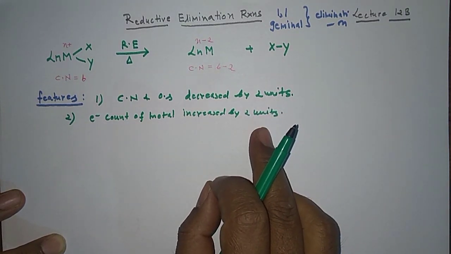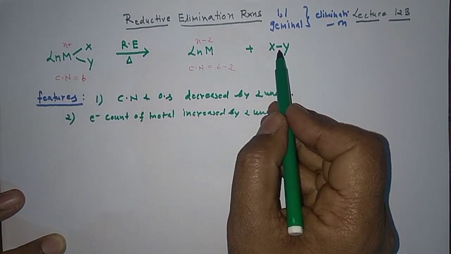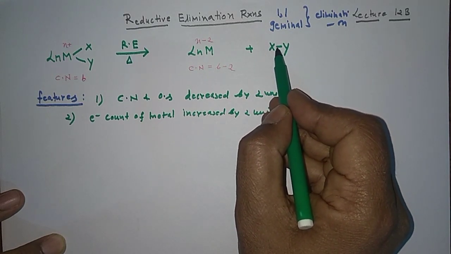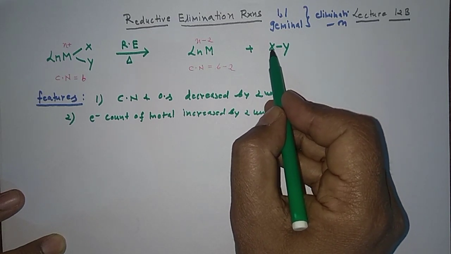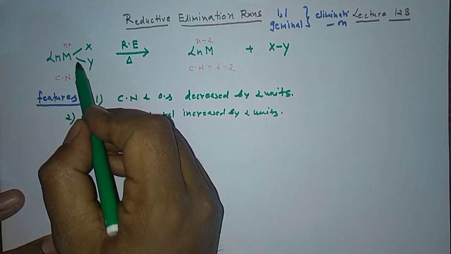Why did this electron count increase by 2 units? Because when you eliminate these two groups and form this particular bond, it will require only one pair of electrons. You know, this covalent bond is what? It is a pair of electrons. So the formation of this molecule requires only one pair of electrons, but here you are having two pairs of electrons. So what would happen?